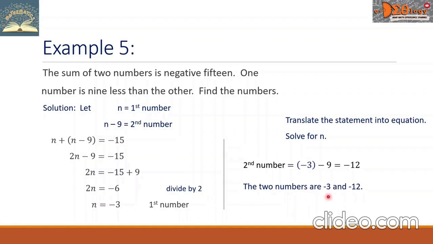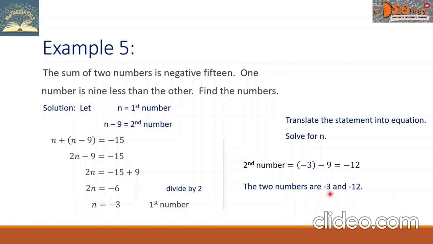If we want to check if the answer is correct, we check the conditions of the problem. It says the sum of two numbers is negative 15. When we add negative 3 and negative 12, the answer is negative 15. So first condition is satisfied. Second condition, one number is 9 less than the other.